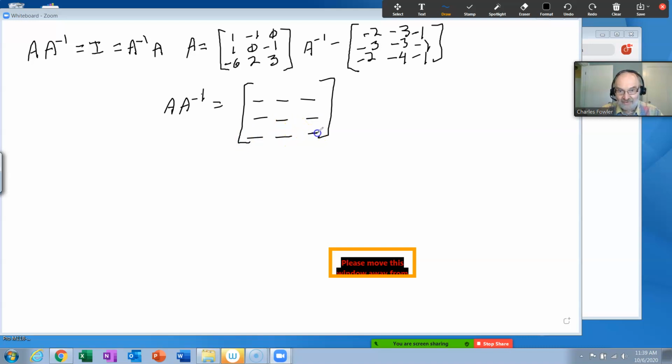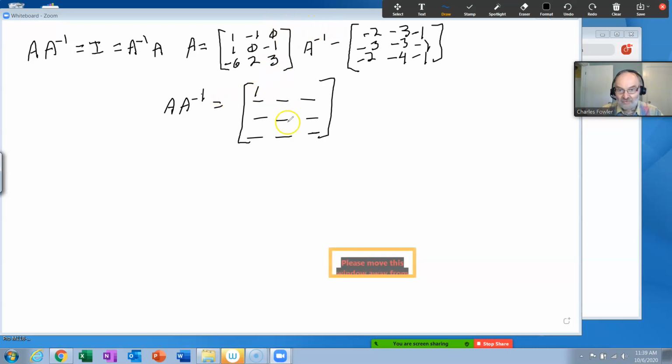You don't have to do this. It sort of helps me with the bookkeeping. First row, first column would be first row of A times first column of A inverse. That would be 1 times negative 2 is negative 2, plus 3, that would be a plus 1, plus 0, sure enough, that's a 1.